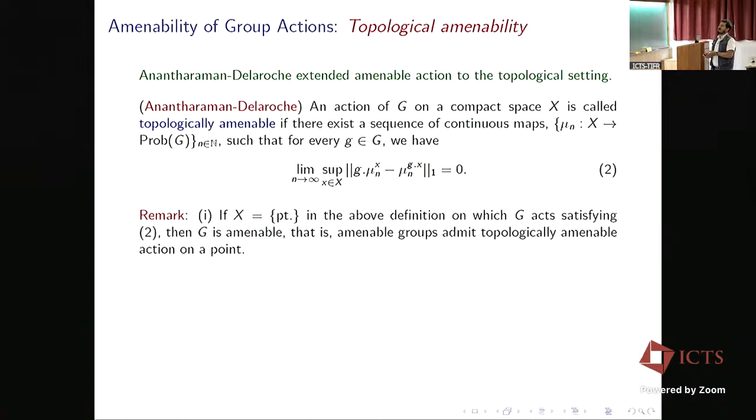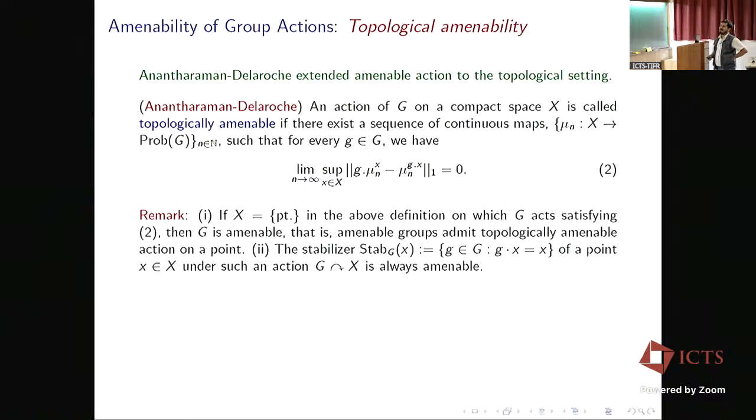So if the group action satisfies this expression in 2, and x is a point, then it is an amenable group. So they admit a topological action, a topologically amenable action on a point: amenable groups. We can look at them that way. So in this sense, it's a generalization. From a point, we are generalizing to compact sets.